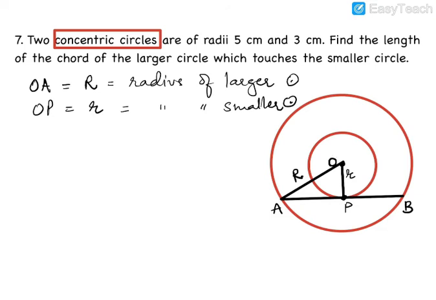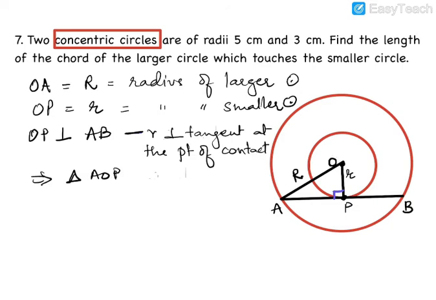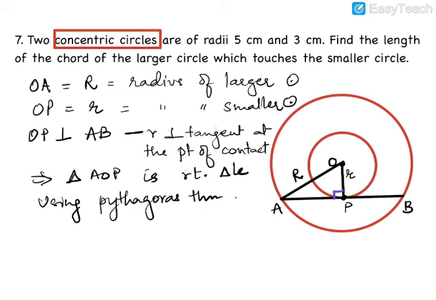Using the first theorem, we can say that OP is perpendicular to AB, as the radius is perpendicular to the tangent at the point of contact. So this implies triangle AOP is a right triangle. And we can then use Pythagoras theorem in this triangle to find AP. We are given the radius of the bigger circle as 5 centimeters and the radius of the smaller circle as 3 centimeters.